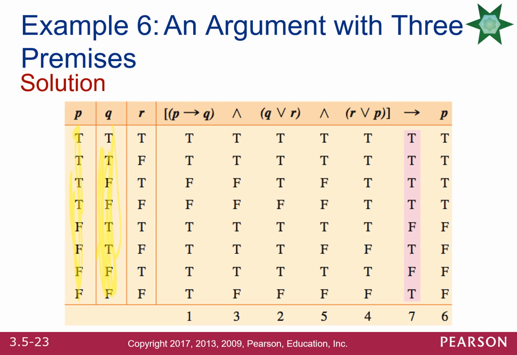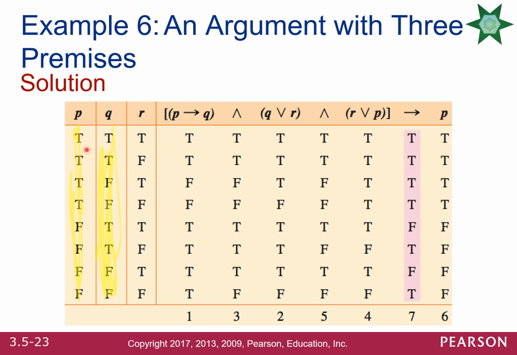Recall that in an if condition, if the first part, the antecedent, is true, but the consequent is false, that's the only time we get a false for a truth value. Otherwise, it's always true.